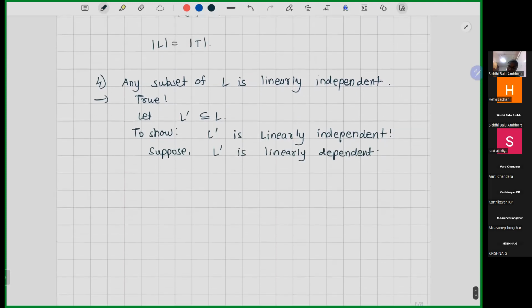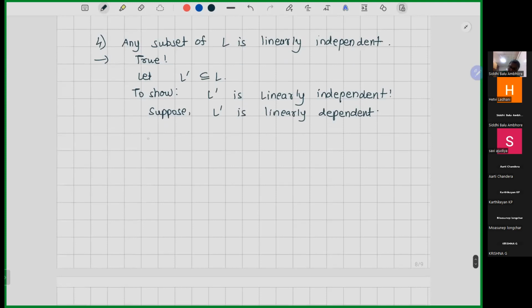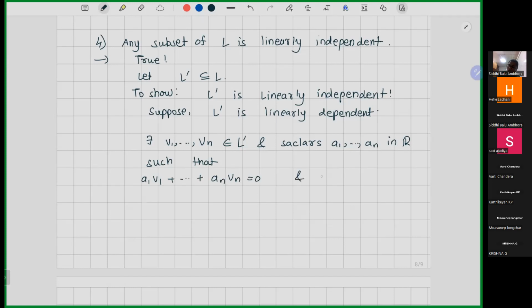Then there exist V1 to Vn in L dash and scalars A1 to An in R such that A1 V1 plus ... plus An Vn is 0 and not all the Ai are 0.